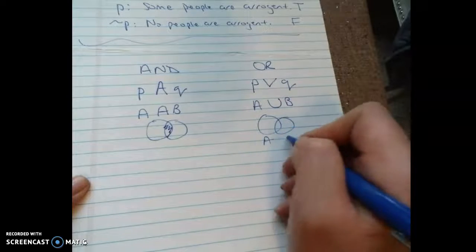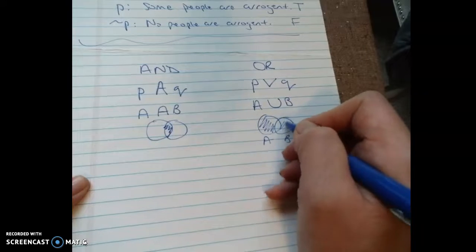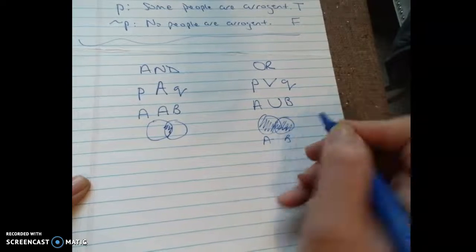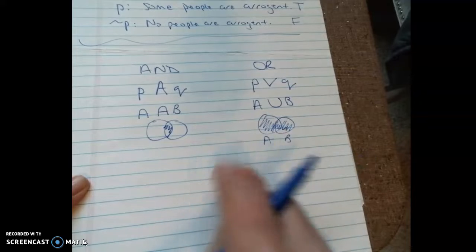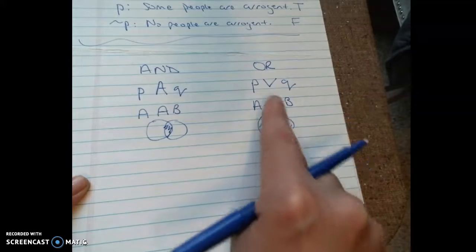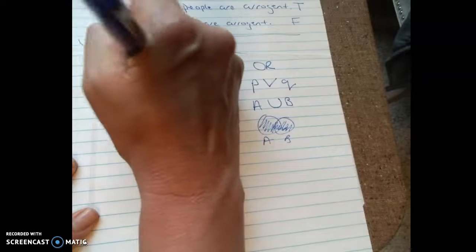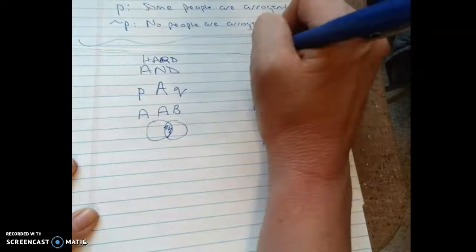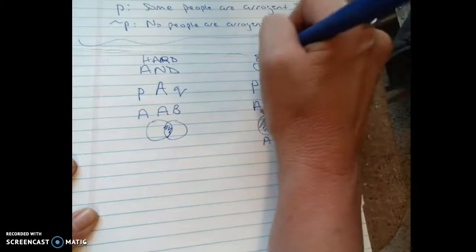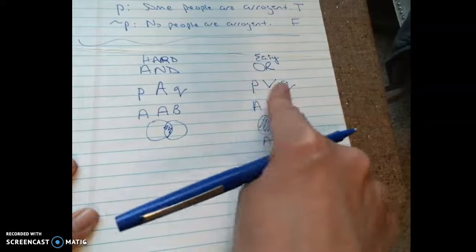Because remember with sets, we had A and B, so it could be A only, B only, or where they both meet. It could be his, hers, theirs, whatever, everybody. So or is kind of easy. On an or, maybe only one of them has to be true. And this is when we're going to get into a truth table. And is kind of hard to tell the truth. Here it's easier because you're not saying it's all true, you're just saying one or the other is going to happen.